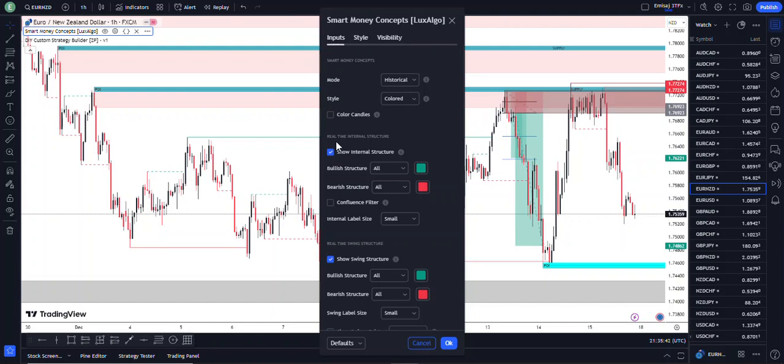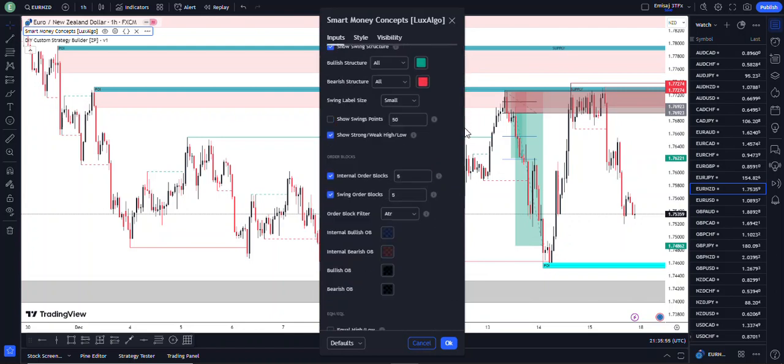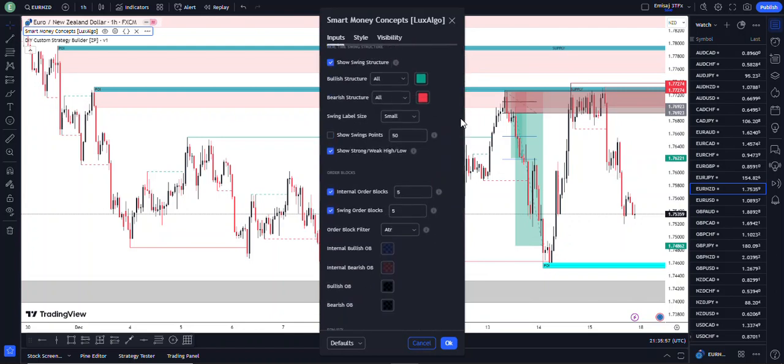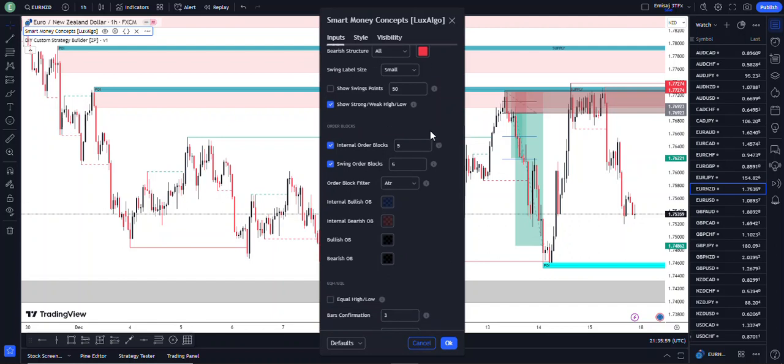So from the input, you check this, show external structure, show swing structure. Then we have the show strong or weak high or low, external order block, swing order block.